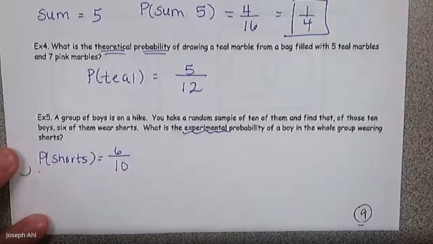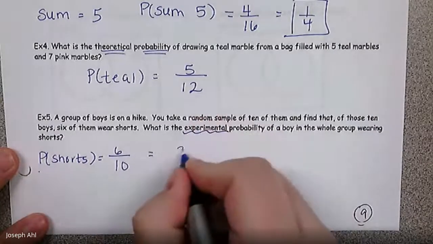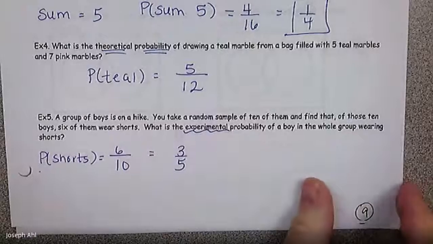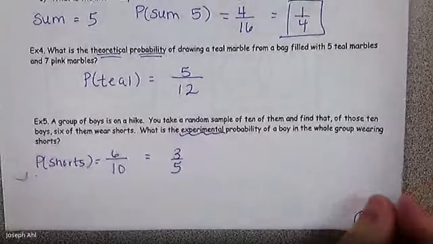Okay, it's just specific to our random sample of 10 students. Okay, it's not saying the probability in the whole world of these boys wearing shorts. But anyway, that would reduce to 3/5 if you want to reduce it, about a 60% chance of picking a boy that wears shorts in our group that we're hiking with.